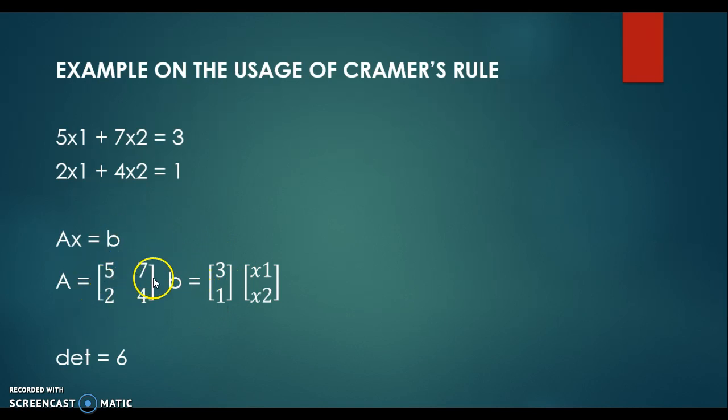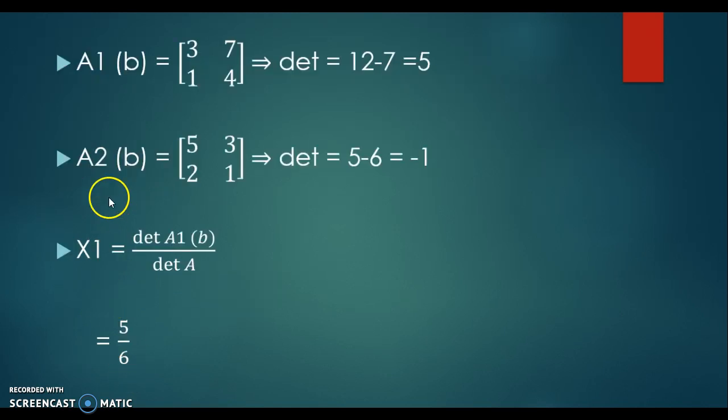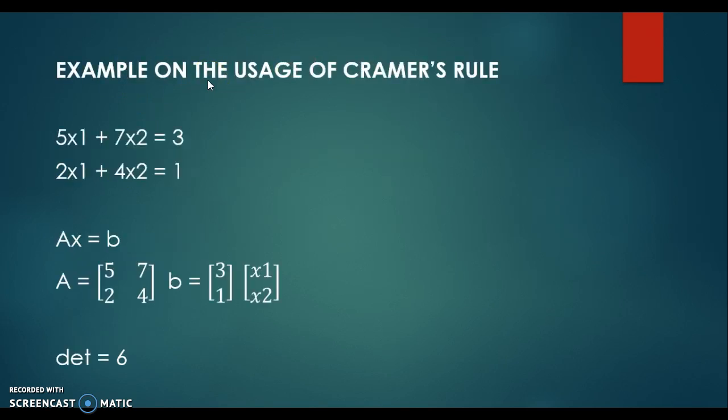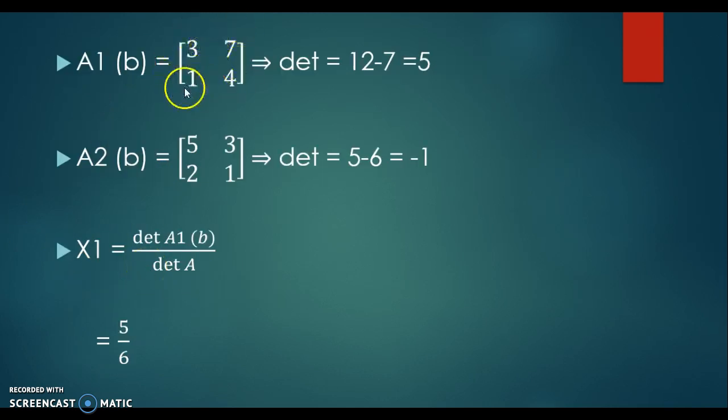From here we compute the determinant, which we get 6, and then we also compute the determinants for A1b and A2b. We replace the column 3, 1 with 5, 2, and do the same for the other column. Then we find the determinants for A1b and A2b, which we obtain as 5 and -1 respectively.